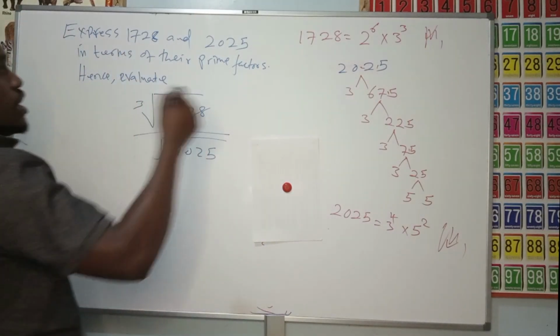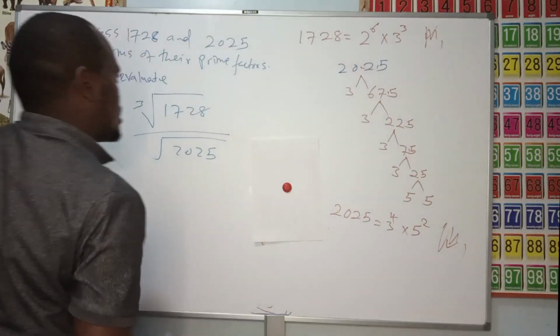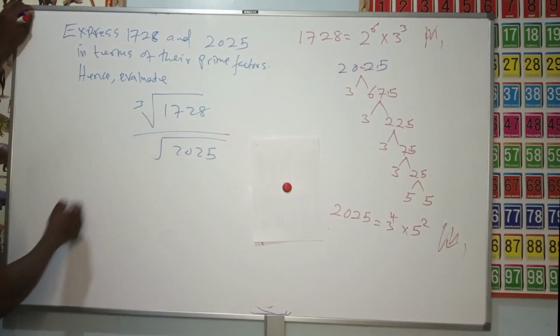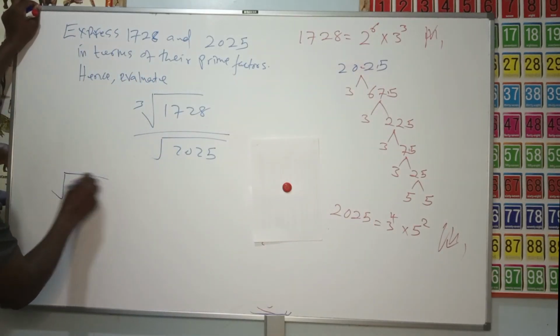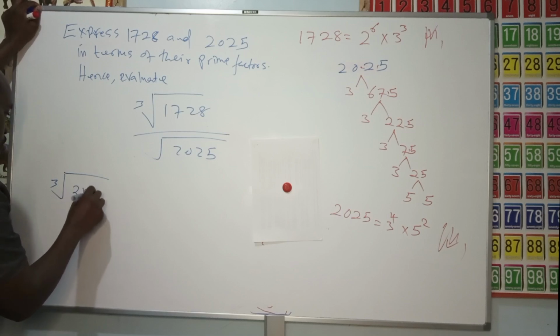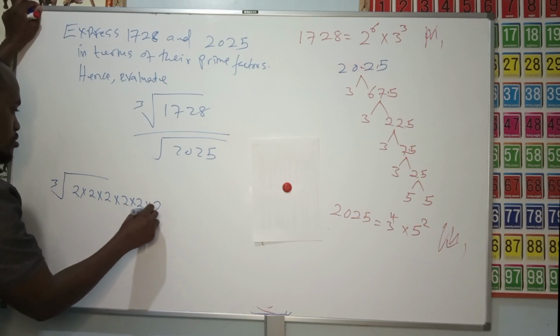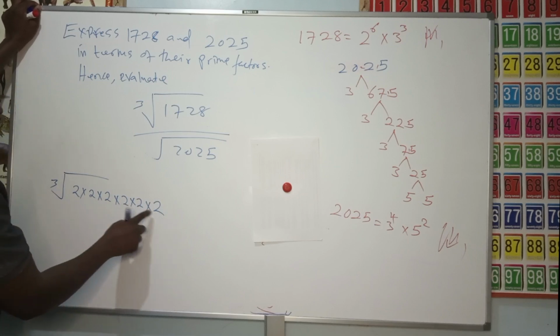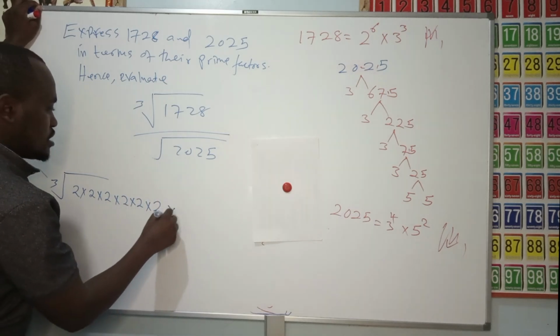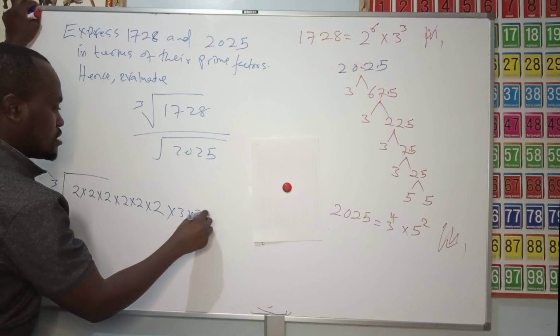Instead of writing in terms of powers, you can just say the cube root of 2 times 2 times 2 times 2 times 2 times 2, that is 6 twos, times 3 times 3 times 3.